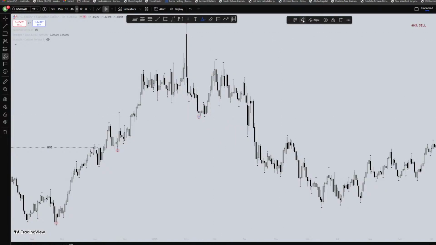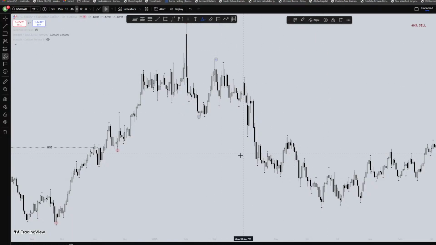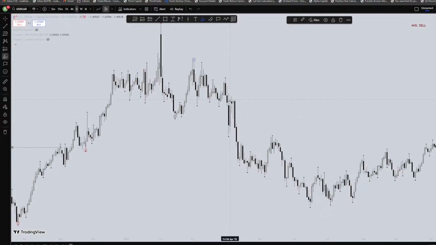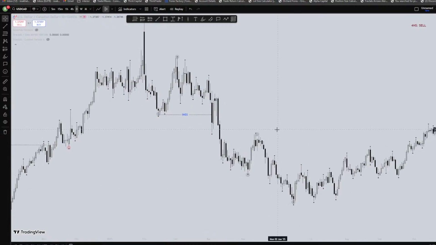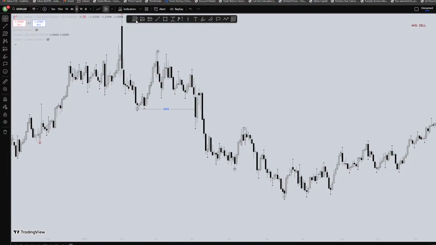So we have this as internal break of structure, price melted to that. See, this is internal MSS. We have this leg, we have a couple of breaks of structure.